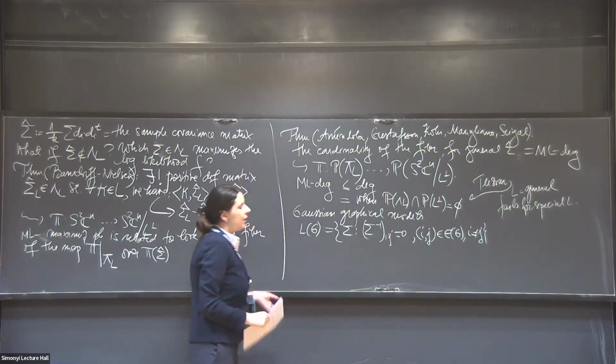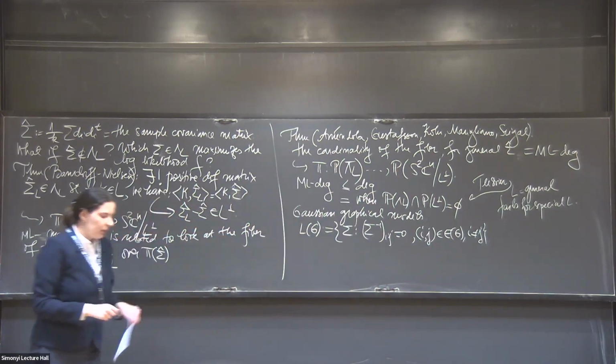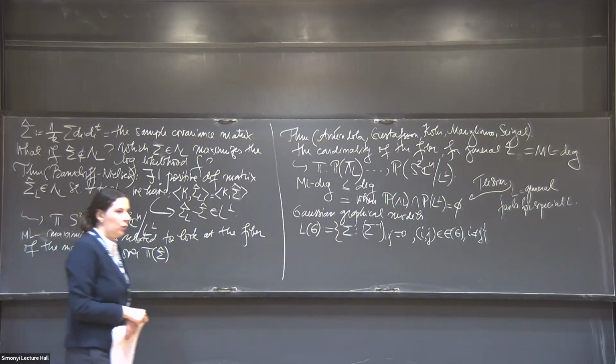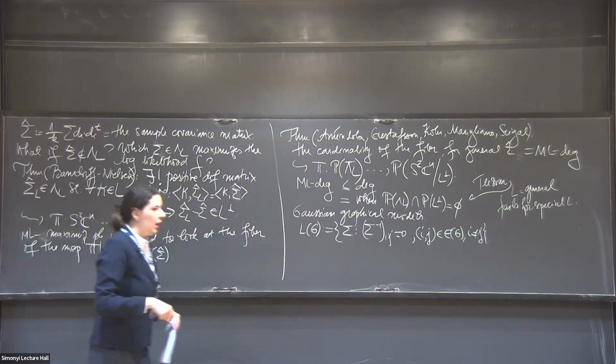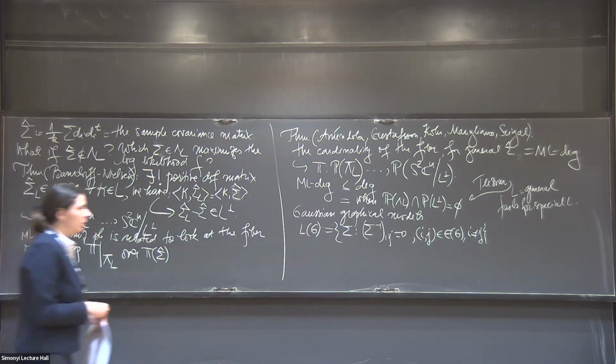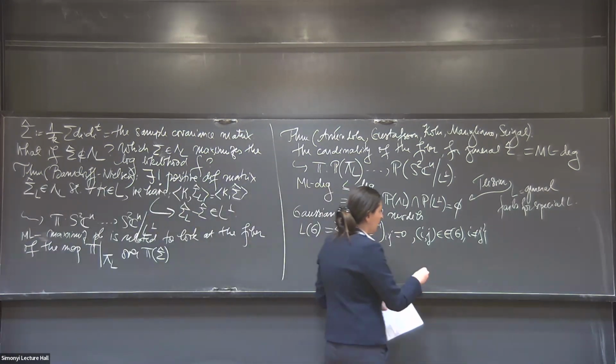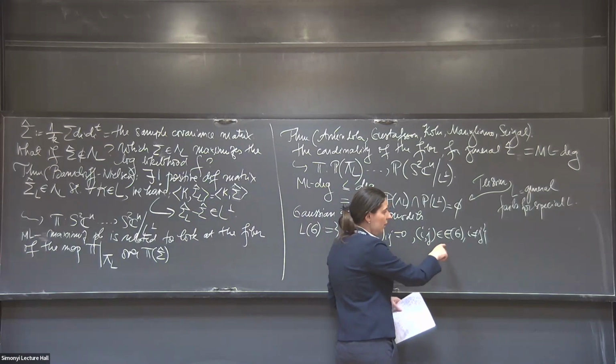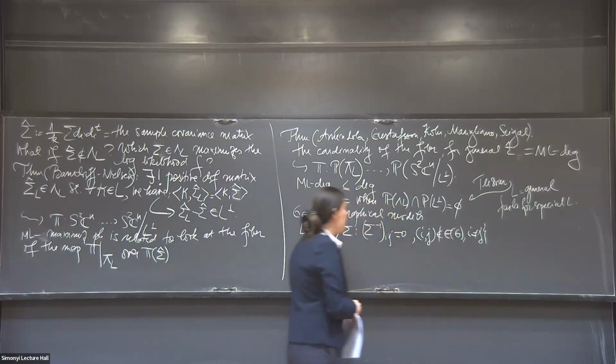Note that we always allow arbitrary diagonal entries. So in particular, you can consider loops at every vertex of G.